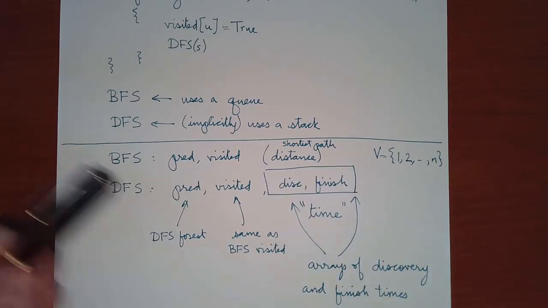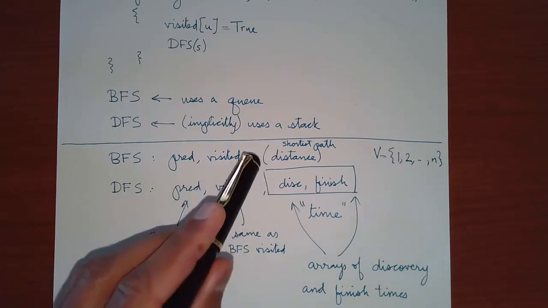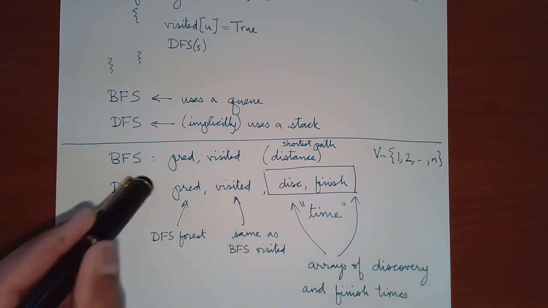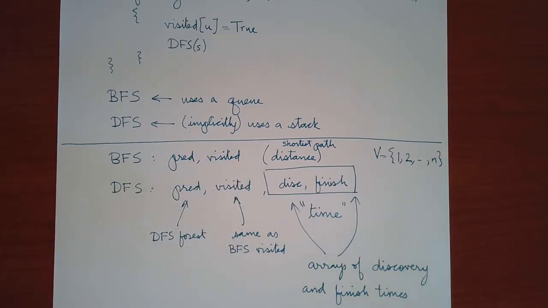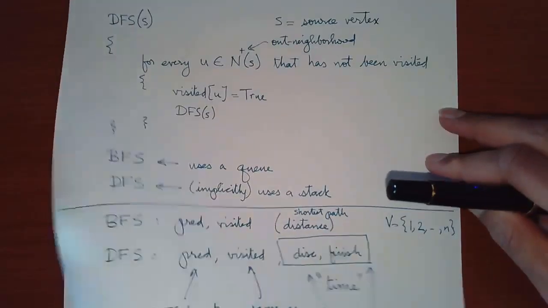So BFS effectively computes shortest path distances. DFS is also going to construct a DFS tree or forest, but it is not going to have shortest paths. Instead, we're going to maintain something called a discovery time and a finish time. So let me explain a little bit about how DFS works. So I'm going to give an implementation of DFS.